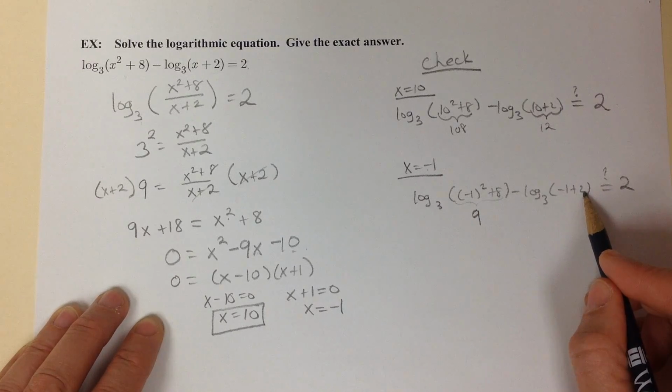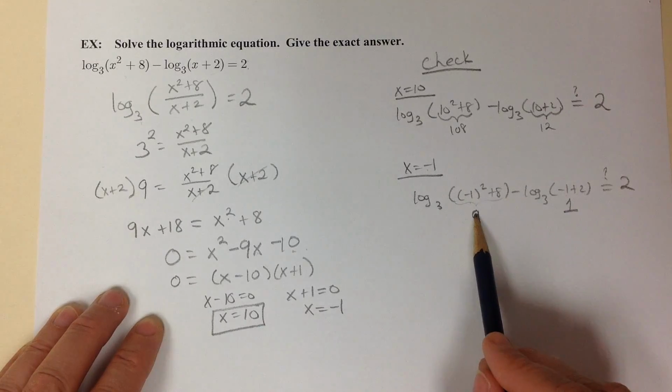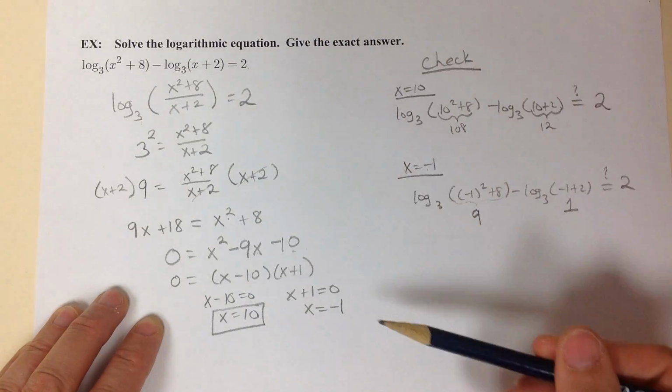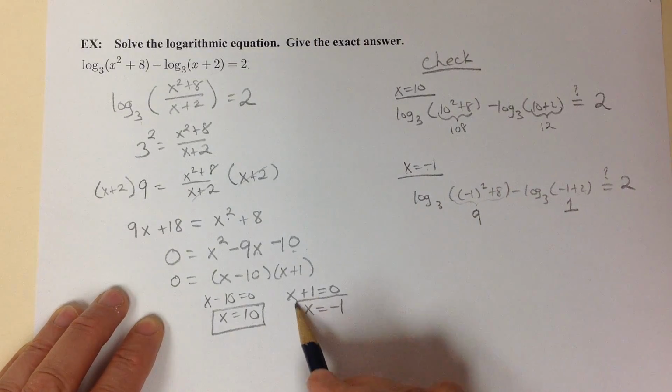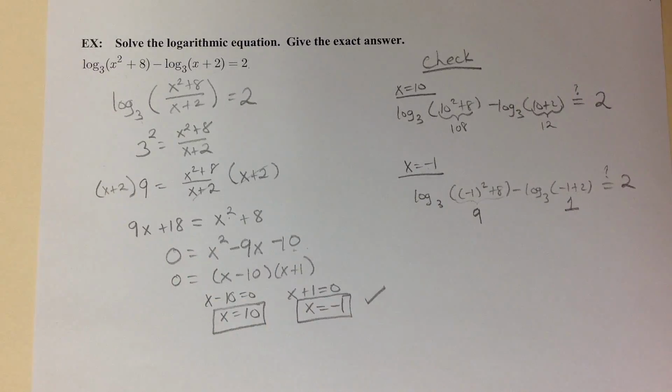Negative 1 plus 2 gives me a positive 1. So I have positives inside of both my logarithms. I'm confident I've done the rest of the algebra correctly, so this answer is also valid. And I have two answers to this equation, x equals 10 and x equals negative 1.